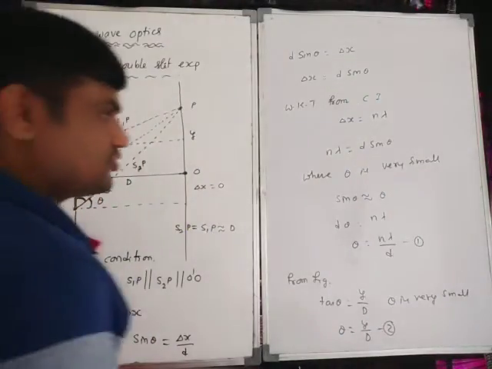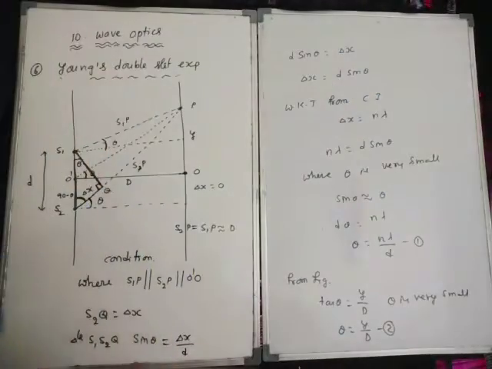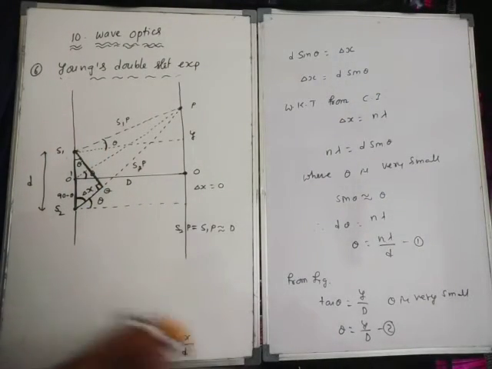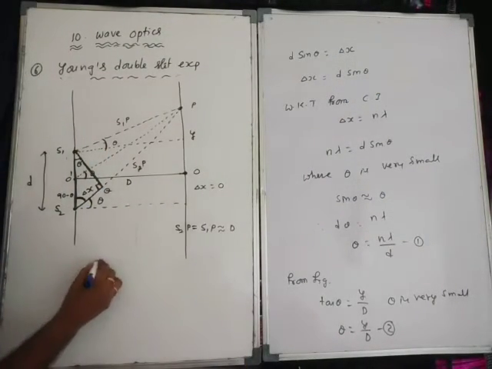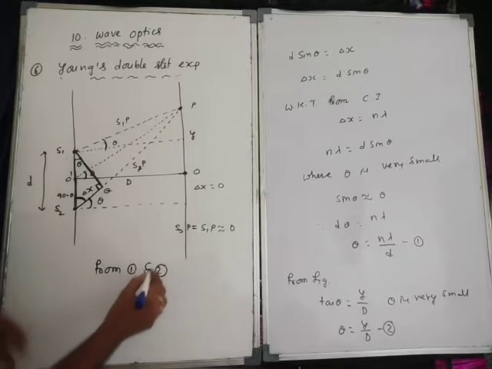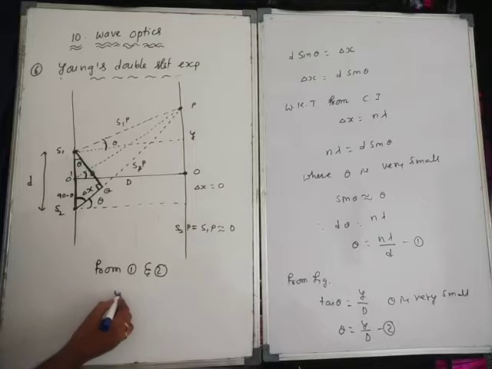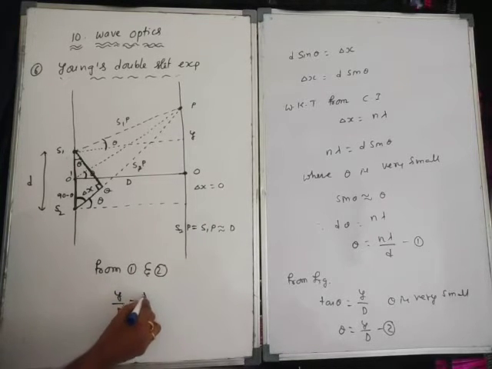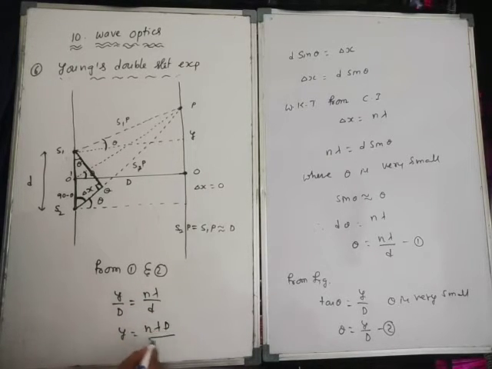So from 1 and 2, we can write y by D is equal to n lambda by d. So y is equal to n lambda D by d.